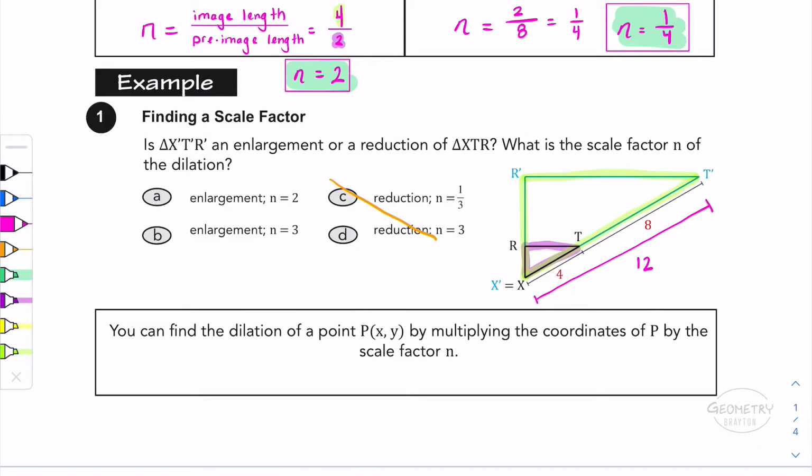So be careful. Notice precisely where the segments are marked. Okay, so the scale factor is going to be the image length of 12 divided by the pre-image length of 4. 12 divided by 4 is 3. That's telling us that this is an enlargement with a scale factor of 3.